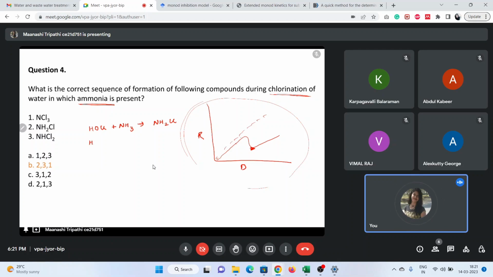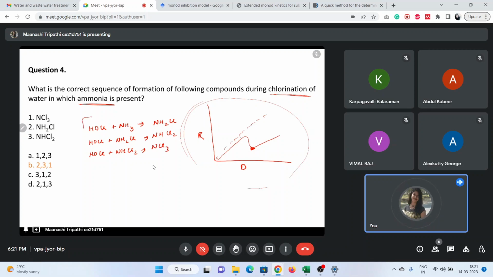When more HOCl reacts with NH2Cl, then one more chlorine atom will come. Then again HOCl plus NHCl2 and NCl3.